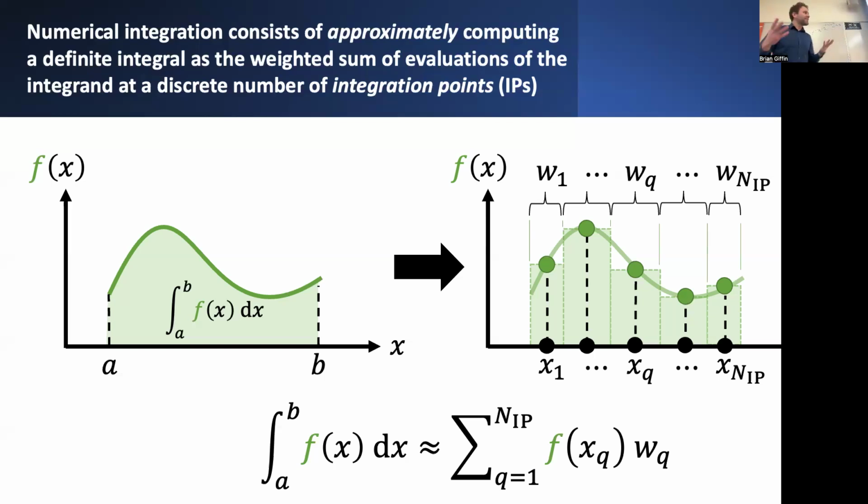And if I do this, then I can get around the issue of actually having to analytically carry out this function. All I have to do is decide where I'm going to put these points, decide how big or how wide each one of these rectangles should be, and evaluate discrete values of this function at these corresponding locations. That's all I have to do. And that turns out to be a lot easier to do than actually analytically evaluating this integral expression.